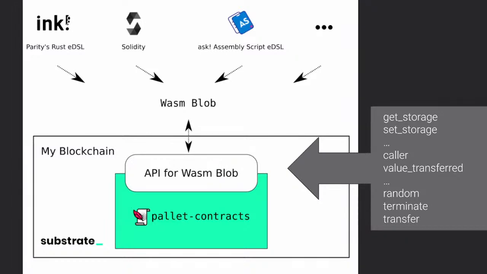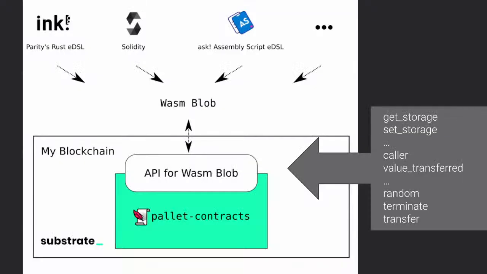So the contracts pallet is quite a useful WebAssembly runtime, and there is a variety of languages that you can use to write the smart contracts and to execute them in the contracts pallet.